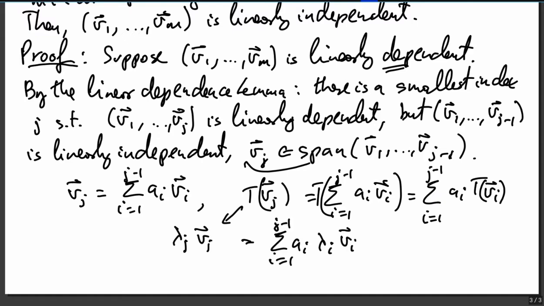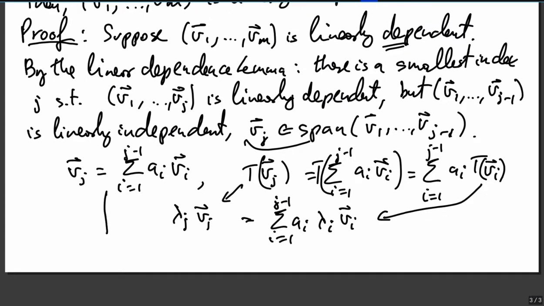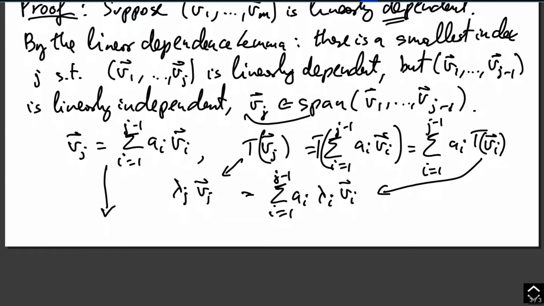Now looking at this and looking at the original linear combination that gives vj, there is a similarity. The left-hand side just has a lambda j multiplier in the second case. So let's multiply both sides now in this equation with lambda j.